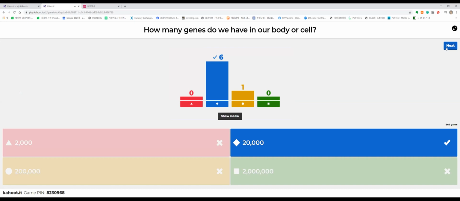Very good. Our gene number is between 20,000 and 30,000. After modification it can be higher, but if you count the gene number from the DNA, that's about 20,000 to 30,000. That's all we have, the only information we can provide to our offspring.